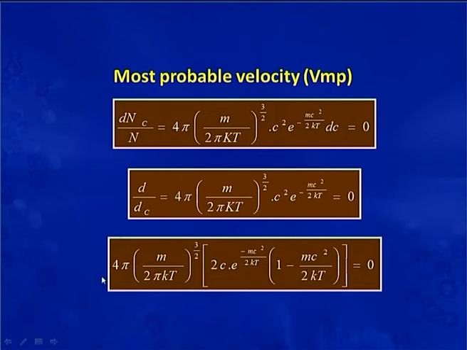We get 4π (m/2πkT)^(3/2) · 2c · e^(−mc²/2kT) · (1 − mc²/2kT) = 0.